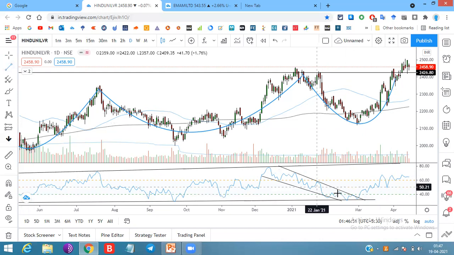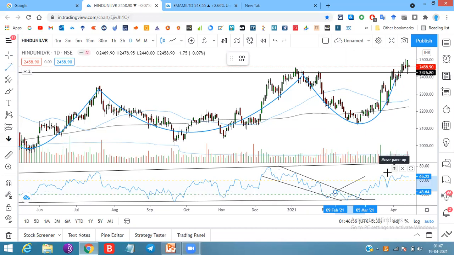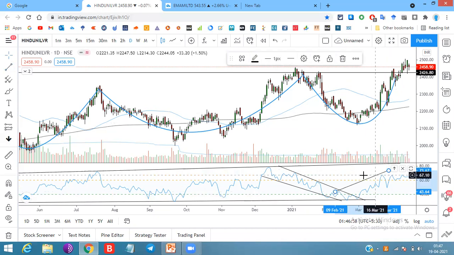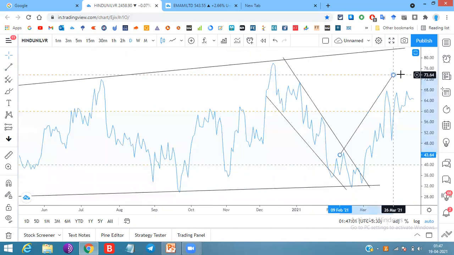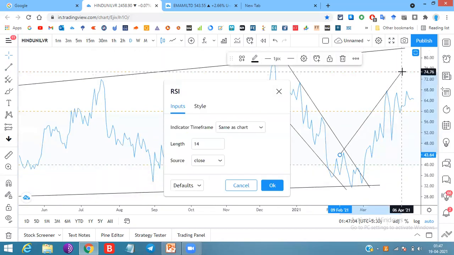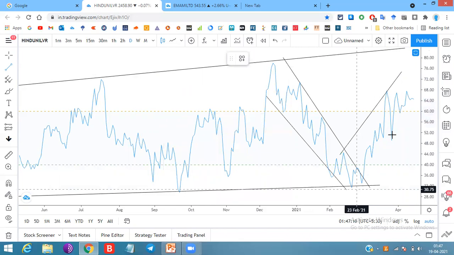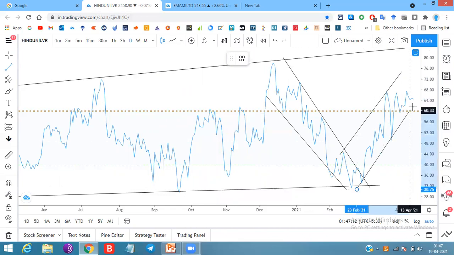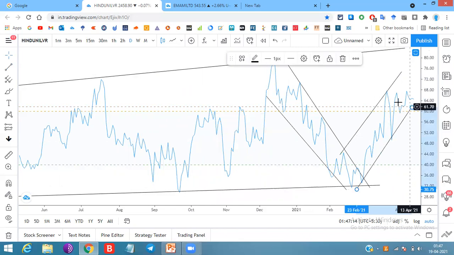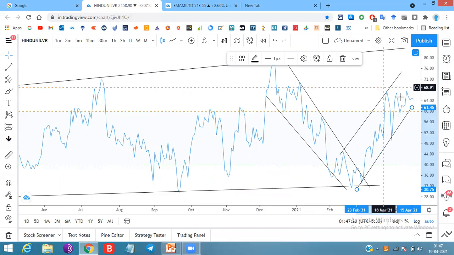RSI is actually right now in an ascending channel. Something like this. Okay. And I could also plot some sort of squeeze structure. Okay, guys.